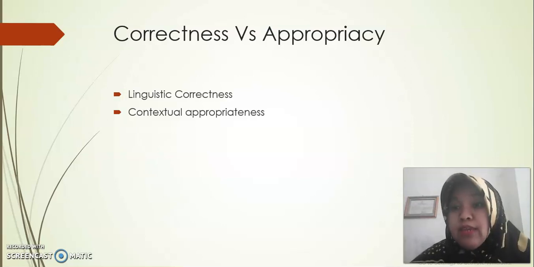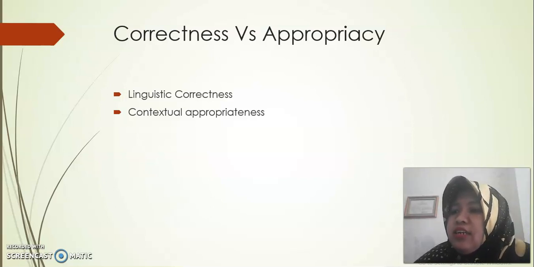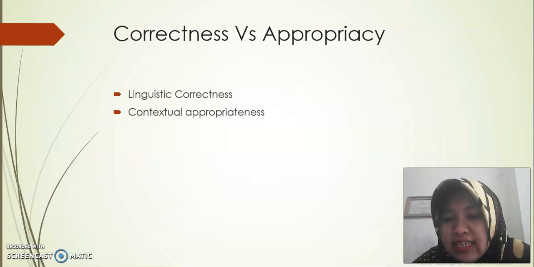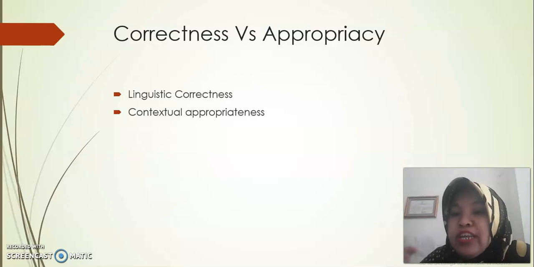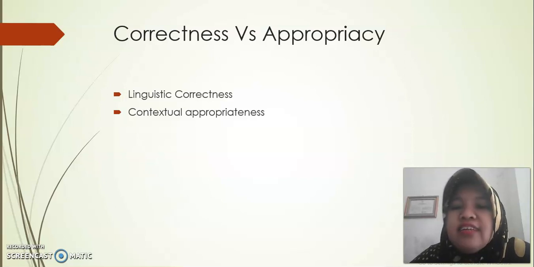For example, if we score speaking in terms of correctness, it refers to linguistic correctness: the correctness of pronunciation, the correctness of intonation, the way we pronounce the words and sentences, the way we voice the sentence.